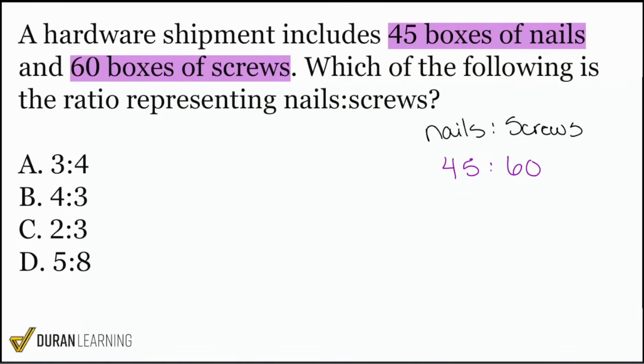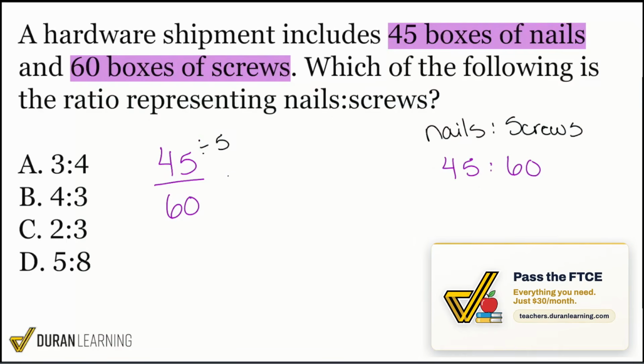So at this point, I'll write this like a fraction so I can see this as simplifying fractions nice and easy, where I know that 45 and 60 are both divisible by 5. Even if we don't know that 15 is the biggest divisor that we have, we can still succeed here if we start with 5.